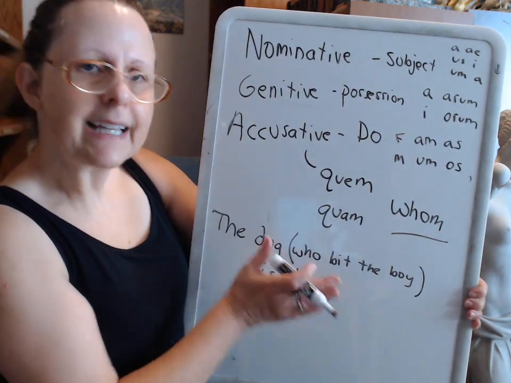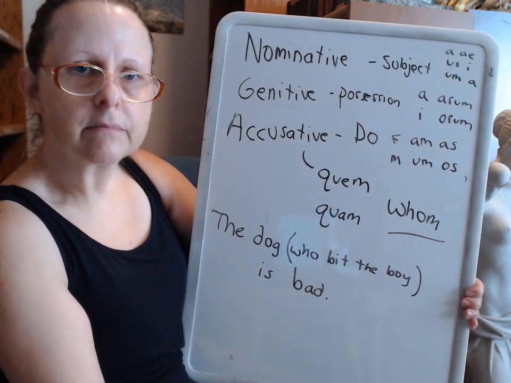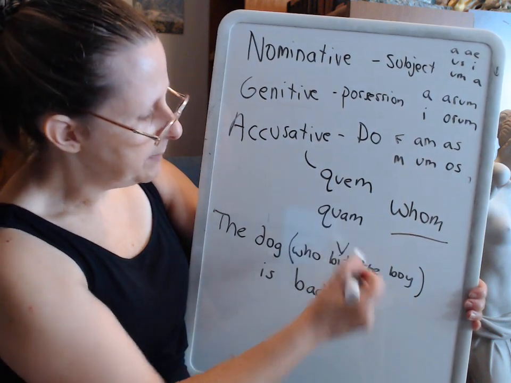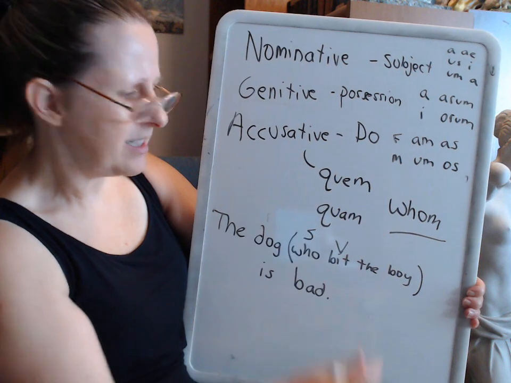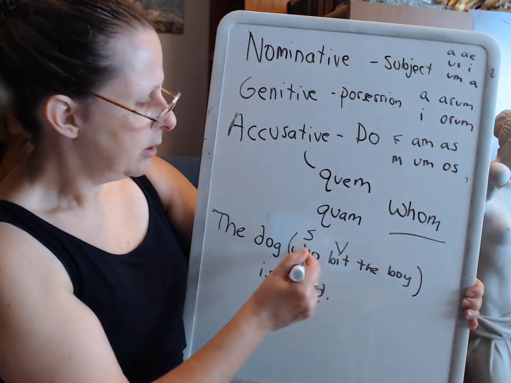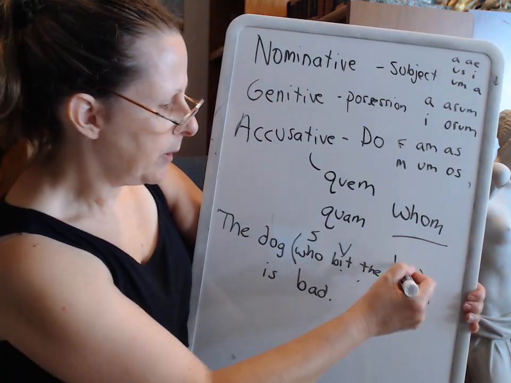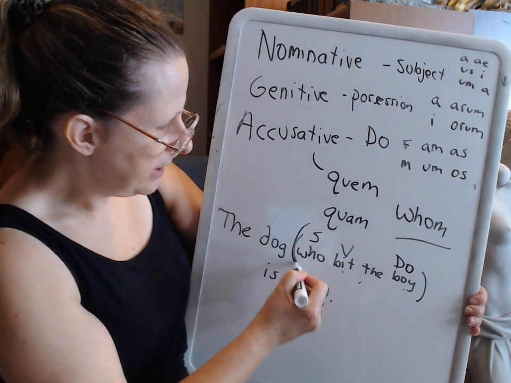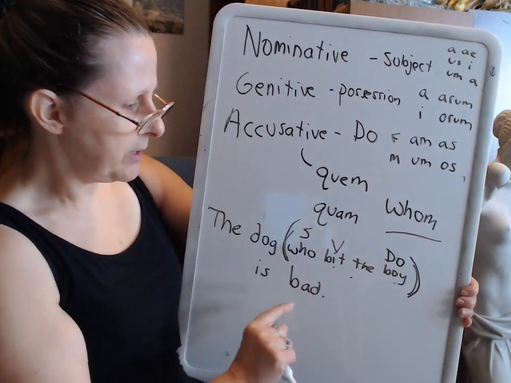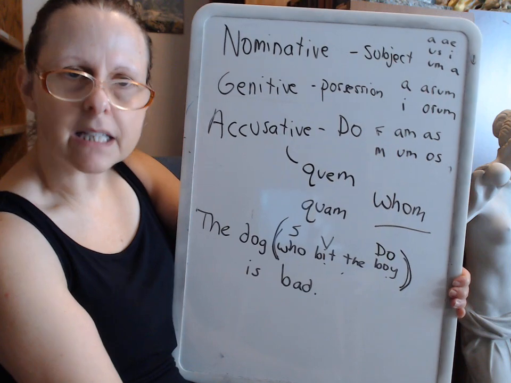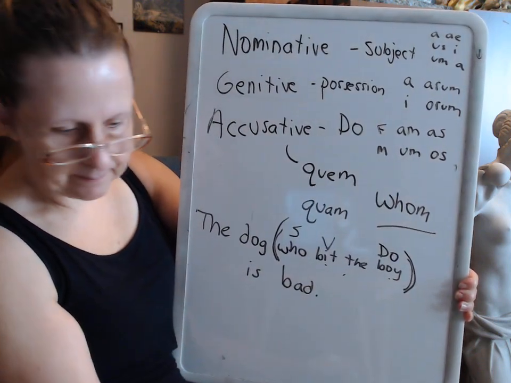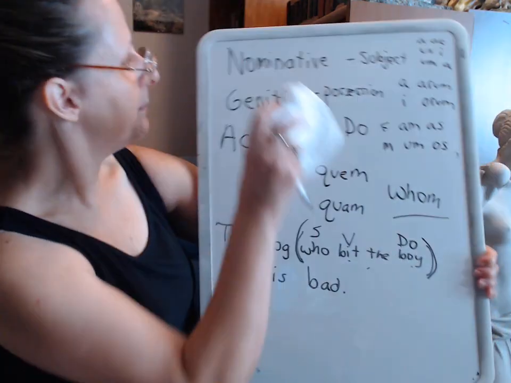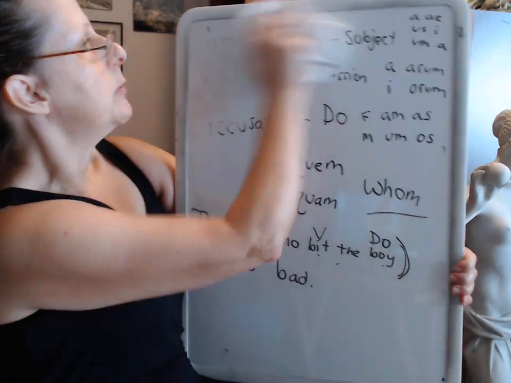We're going to forget everything outside of the parentheses. Who bit the boy? Verb is bit. Who's doing the biting? The who. It's the subject. Who bit boy? In this little section of our whole sentence, we have a little mini sentence. And it has a subject and a verb and a direct object.